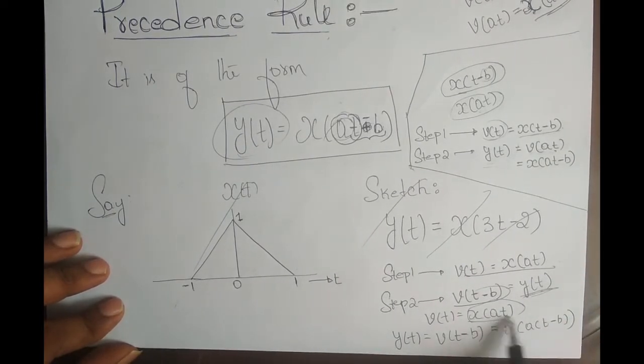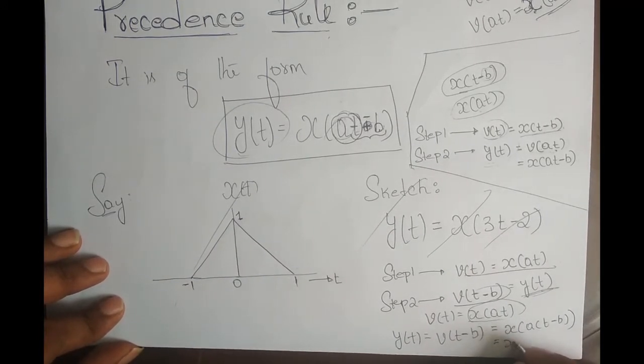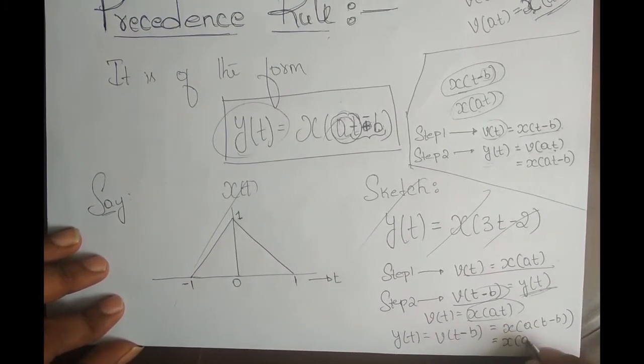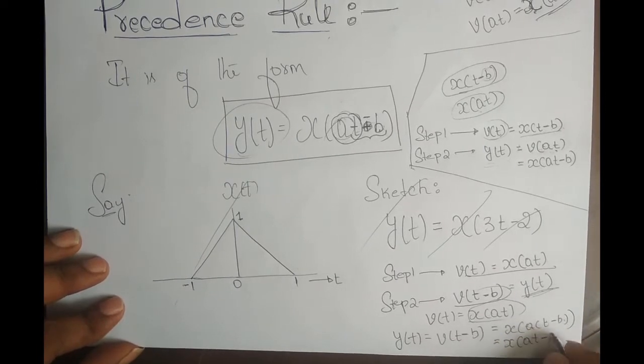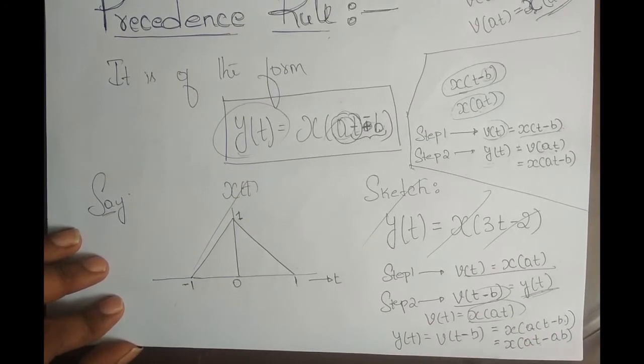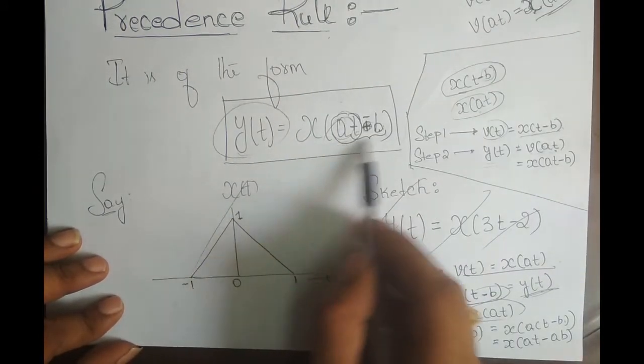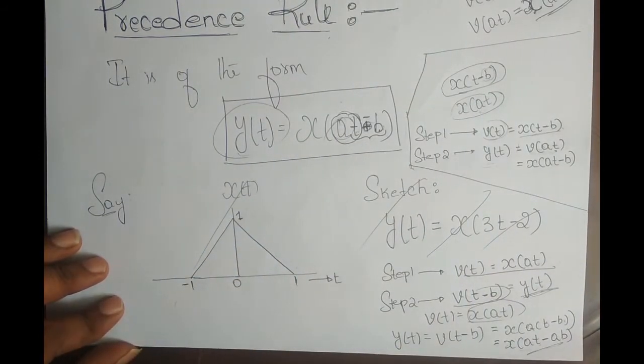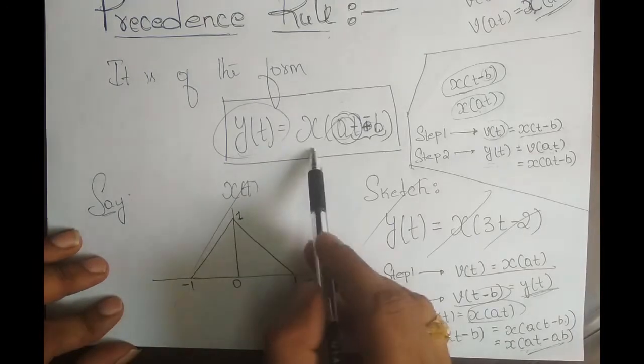I had t, so I replaced it by t minus b. And what happens to this? x of a into t minus a into b. Now, what I wanted was x of at minus b. And what did I get? x of at minus ab. So this is not what we needed. What we needed was this equation.